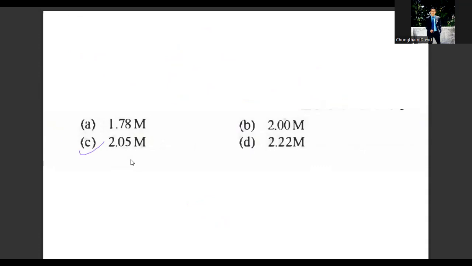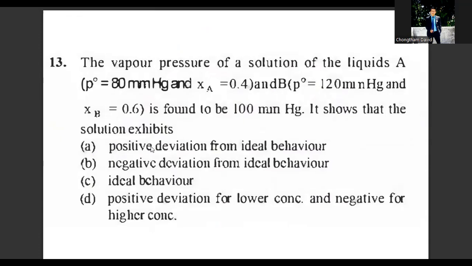Let us read. The vapor pressure of a solution of the liquids A and B is found to be 100 millimeter mercury. It shows that the solution exhibits? Now, from the calculation only, you can answer this question. How to calculate? You apply Raoult's law.